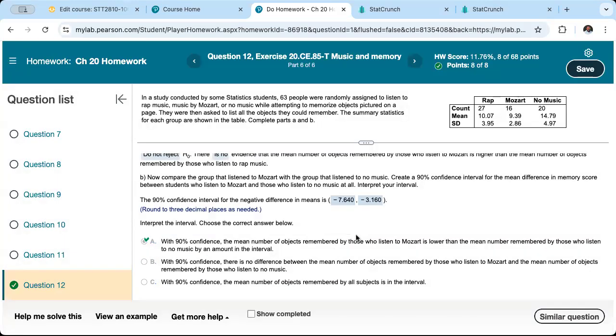If you get confused, you could look at the one we did on Friday. I showed you a trick on how to interpret this confidence interval for the difference between proportions. It's the same approach for the difference between the means.